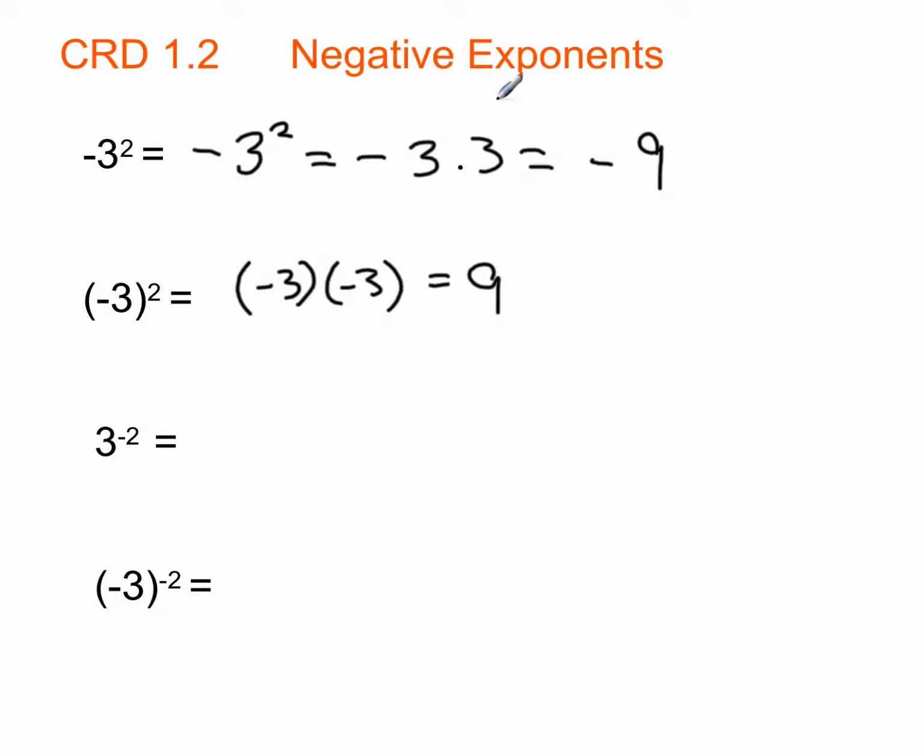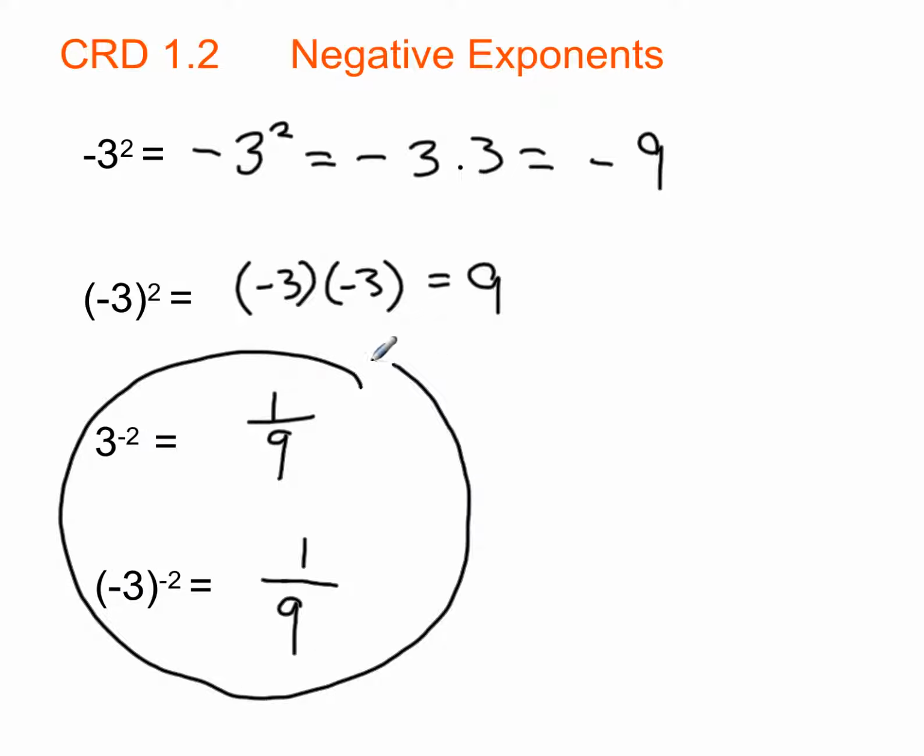What this lesson really talks about is negative exponents. So when the exponent is negative, surprisingly, the answer here is 1/9. And the answer here is negative, actually no, it's still positive 1/9, which is interesting. I'm going to explain how and why this works in the next slide, but what I want you to notice is that a negative exponent does not mean a negative answer.